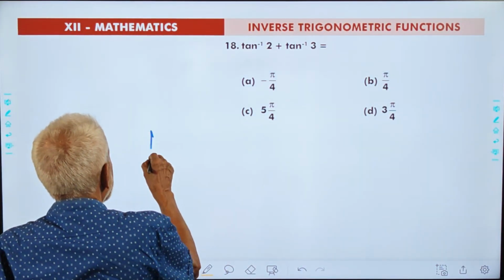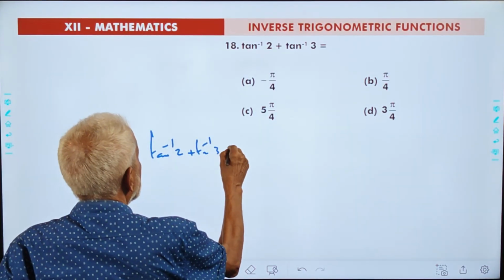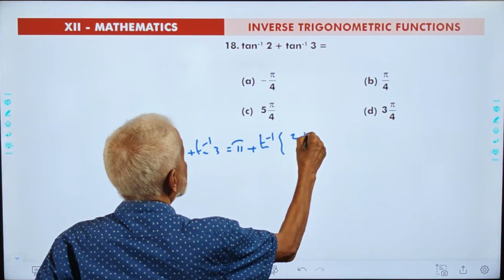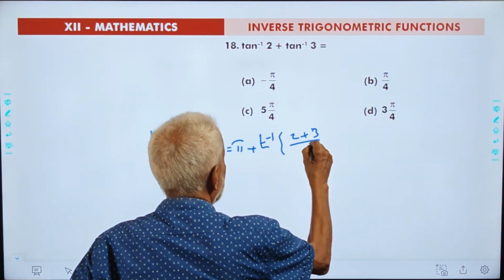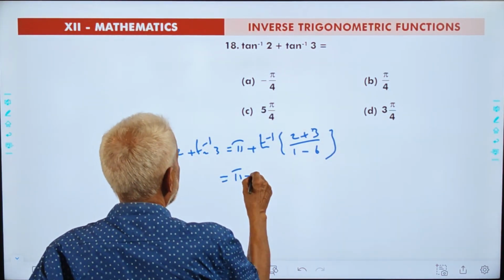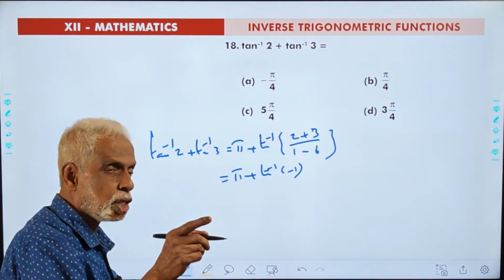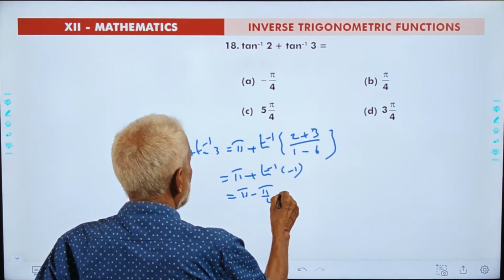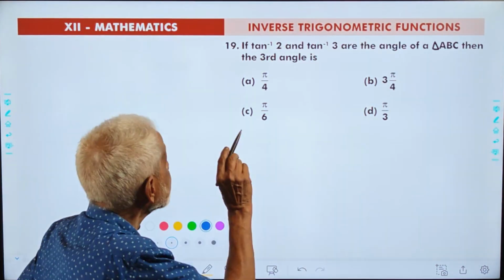Therefore, tan inverse 2 plus tan inverse 3 equals pi plus tan inverse of 2 plus 3 by 1 minus 2 into 3. That is pi plus tan inverse minus 1. Tan inverse minus 1 is minus tan inverse 1, which is equal to minus pi by 4. Therefore, this is equal to pi minus pi by 4, which is 3 pi by 4. Therefore, the correct choice is D.